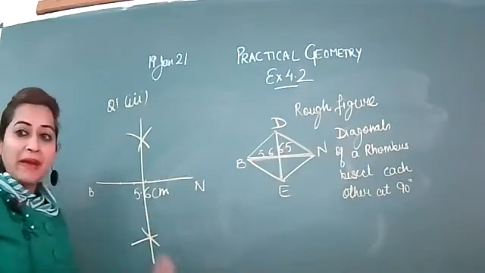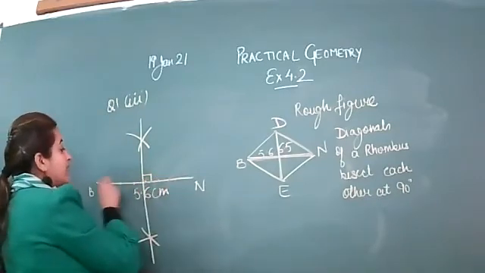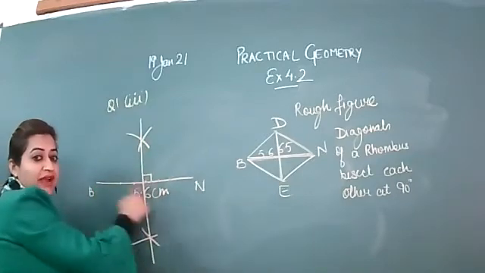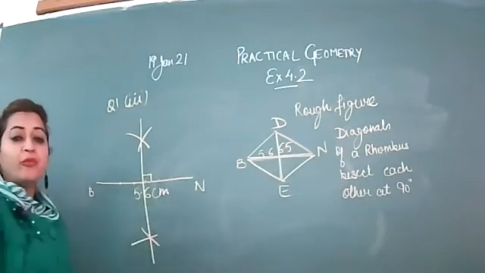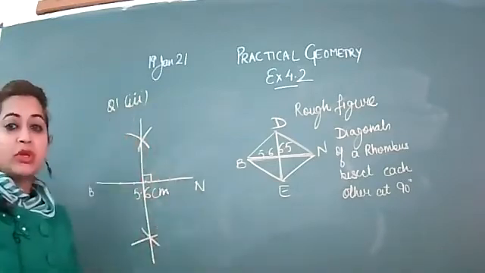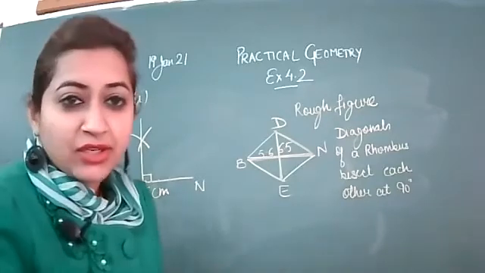That is called the perpendicular bisector of the line. Firstly, it is making 90 degrees, and the another thing is this perpendicular line is dividing this baseline 5.6 into two equal parts. So let's make the perpendicular bisector of this line. Hurry up, beta, make the perpendicular bisector of this line.